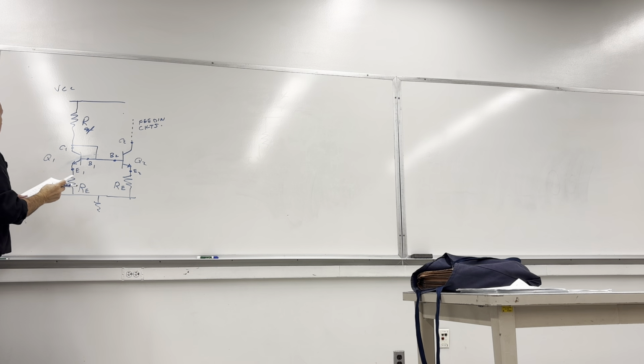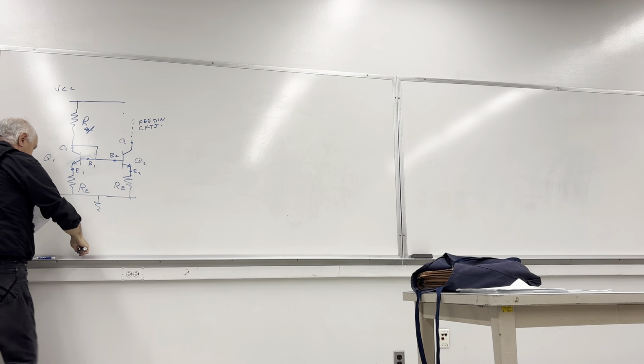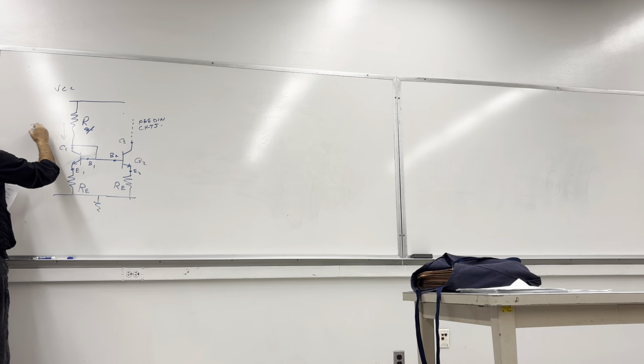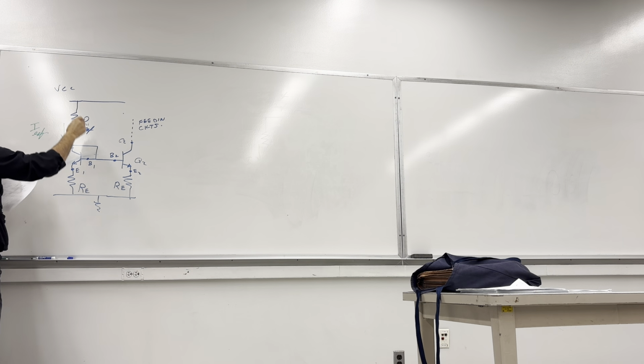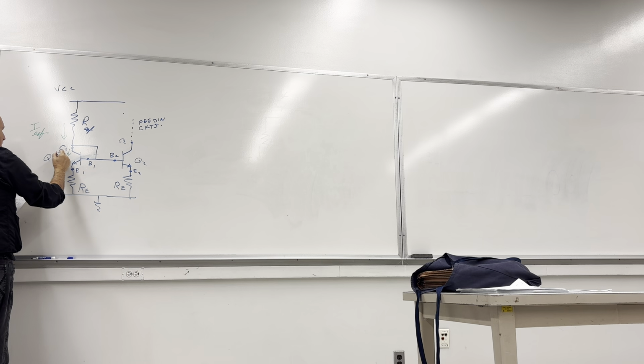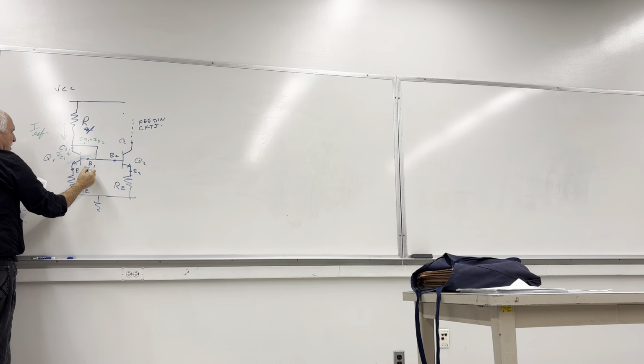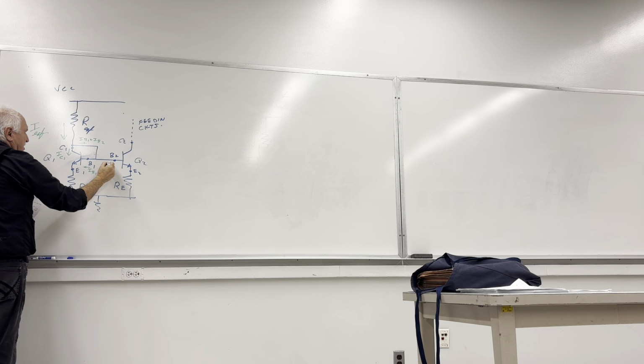Okay. Here are the currents that we are setting up. Here is IREF, reference current that we can easily establish. And then we have IC1. We have a current in here, which is the sum of IB1 plus IB2. This is IB1, and that is IB2.